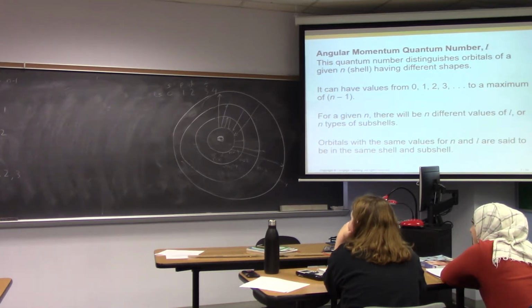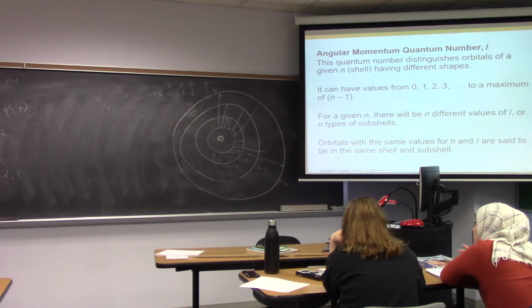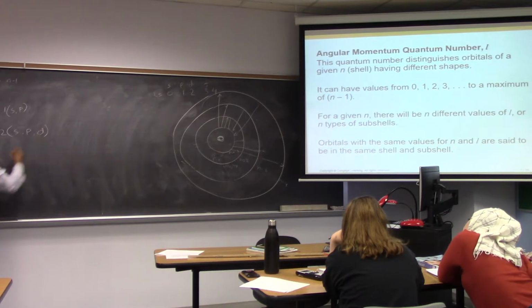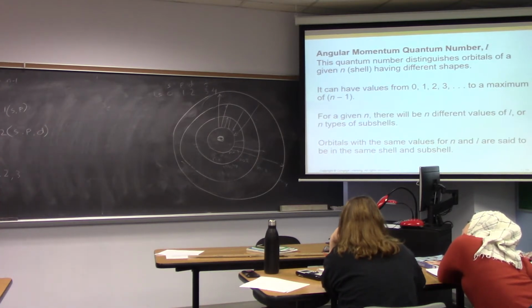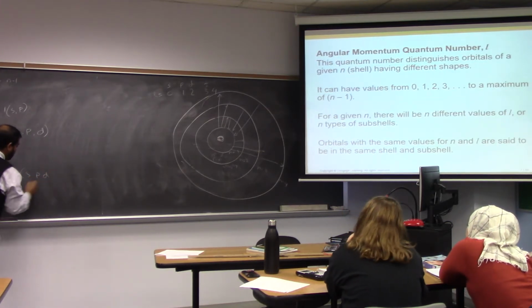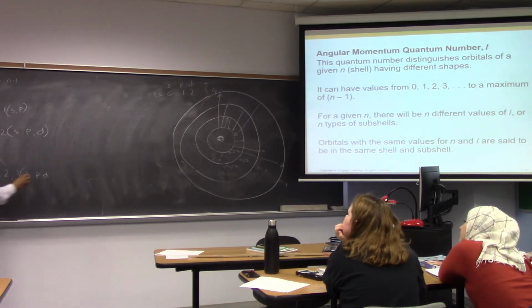Which orbitals are possible in the second level? s and p. Exactly. Which orbitals are allowed in the third level? s, p, d. Wonderful. How about the fourth level? s, p, d. That's all? f. Yes.